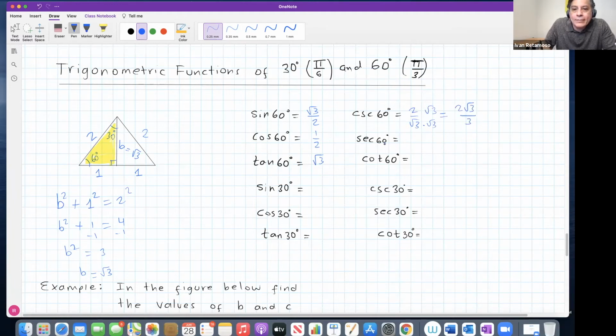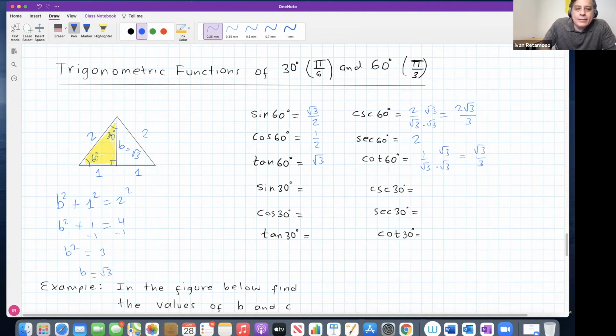Final result. Secant of 60 degrees, flip this, 2 over 1, which is just 2. Cotangent, flip tangent, 1 over square root of 3, but after you rationalize the denominator, you end up with square root of 3 over 3, right? So try to remember those results, guys.